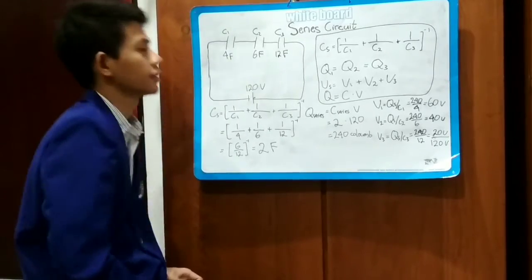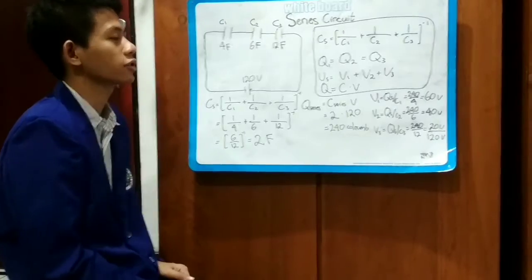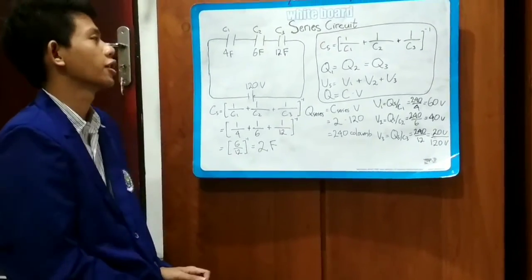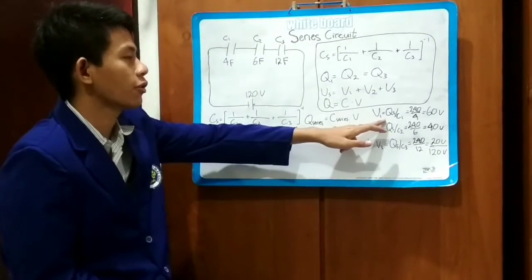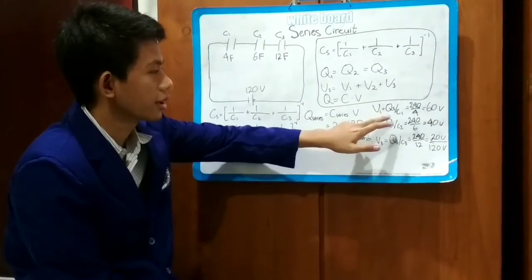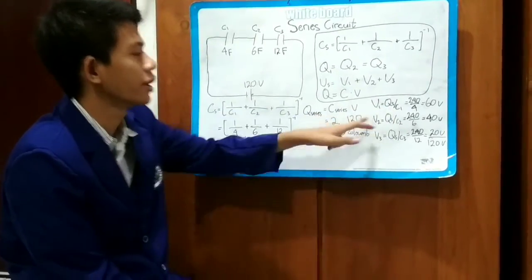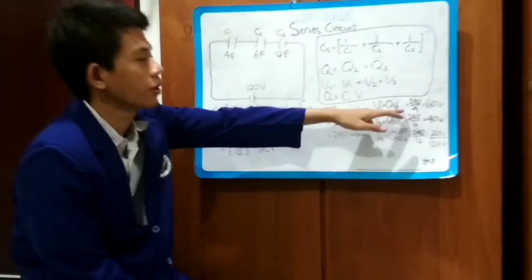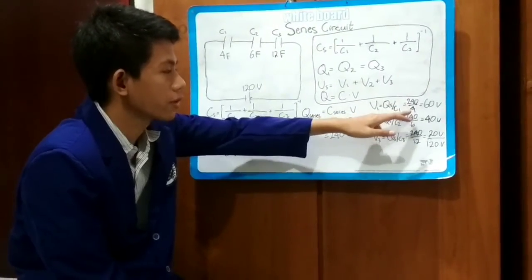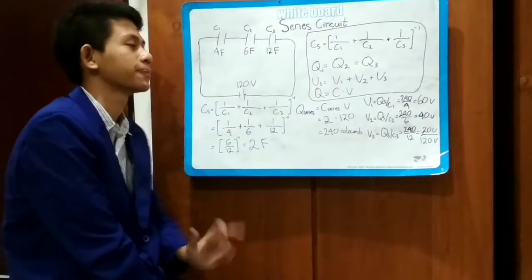Now we can calculate the voltage. The voltage V1 is equal to the charge in series circuits over C1. So it's equal to 240 over 4, which is equal to 60 volts.